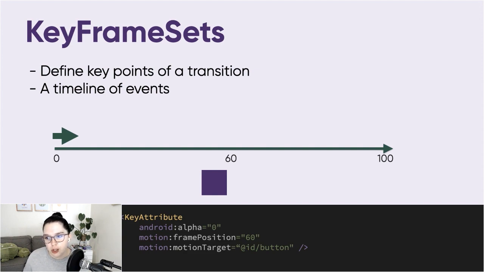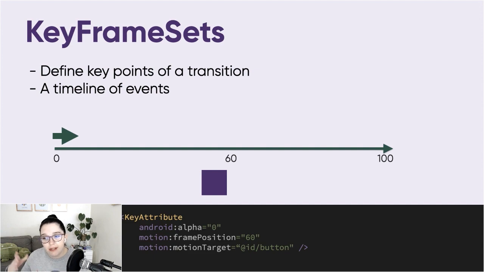So you can assume that at 0, we are starting out our transition, and at 100 is the end of our transition. Those are the frame positions that we have. And now what I want to do is, at 60% of my animation, define that the alpha of my button should be fully invisible by that time.